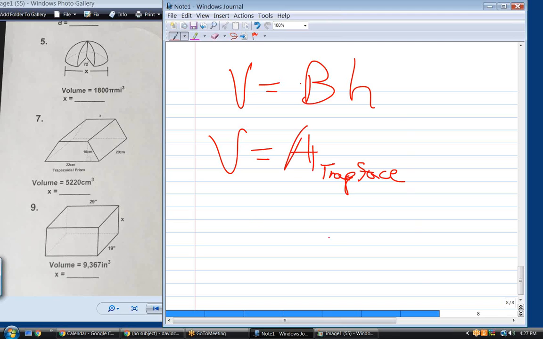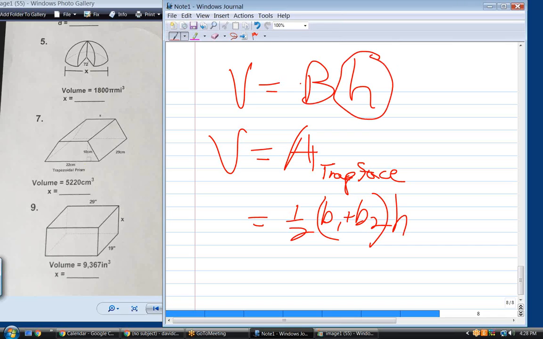Well, the area of a trapezoid is 1/2 base 1 plus base 2 times the height of this trapezoid. So this h over here is not the same h. What is that h right there? Which measurement on number 7 does that h represent? 29. Correct.